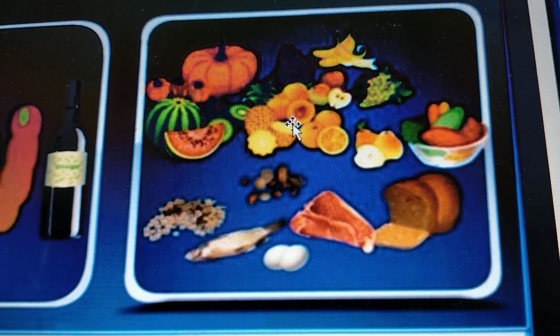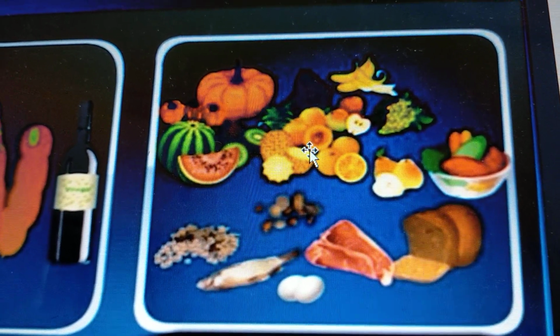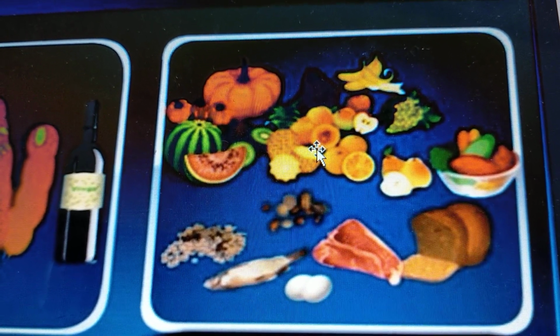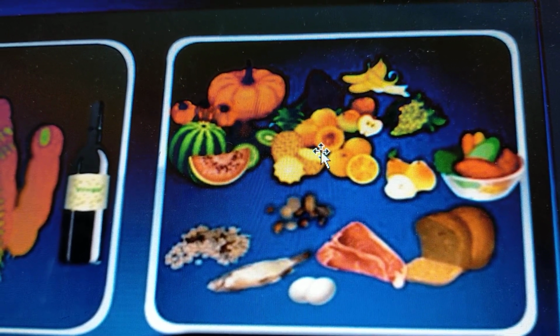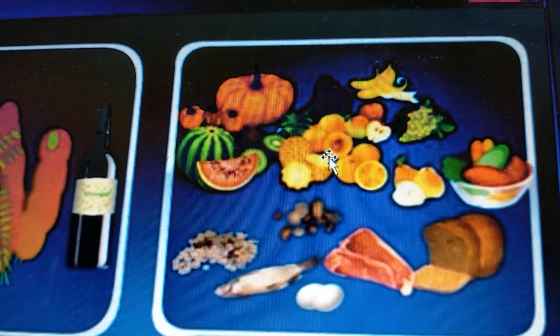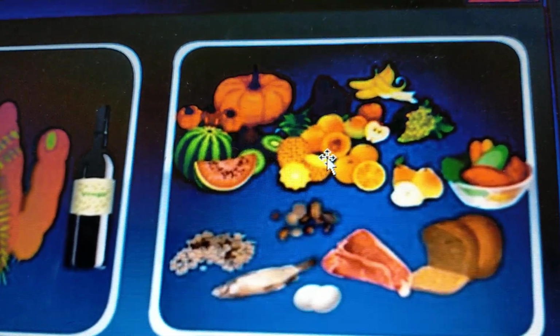Like baking powder, vinegar, sugar, common salt. So out of all the various types of food that we are eating, some substances taste sweet, some sour, some bitter, some salty, and there may be some which are tasteless.